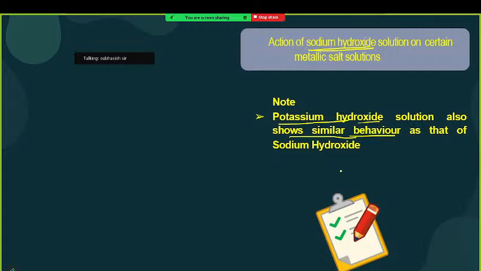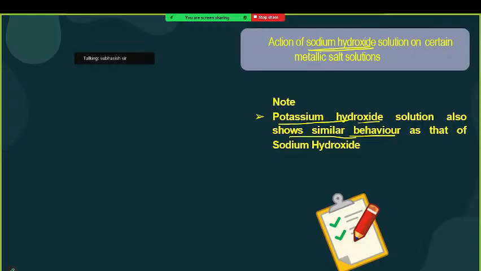I mention this because in the exam, if you get the reaction with potassium hydroxide, then they behave similarly.